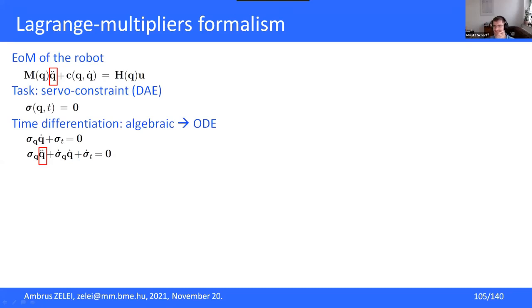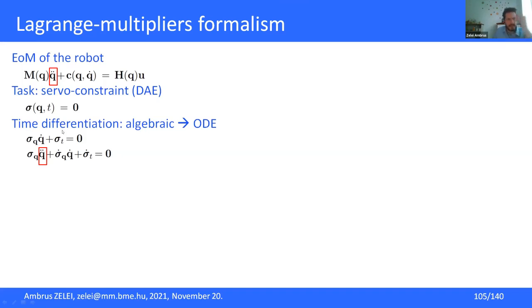Okay. So we don't like that we have algebraic equations and differential equations together, and we can get rid of the algebraic equation if we just apply some time differentiation of this algebraic equation. So after one time differentiation, because of the chain rule, q dot will appear here, and this is the Jacobian of the same function, sigma.